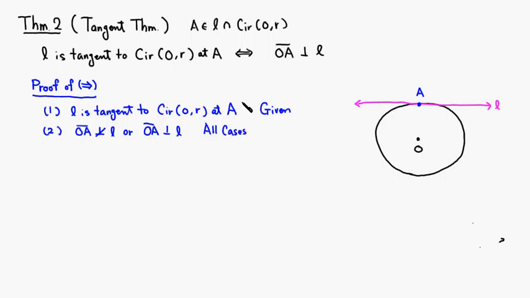Let's pick the first case. Assume that the segment OA is not perpendicular to L. This is case 1.